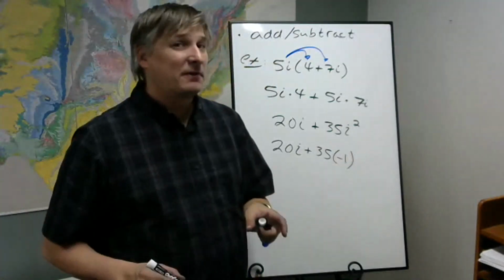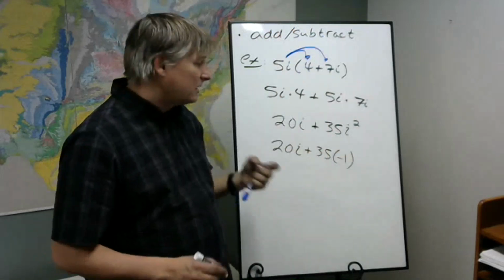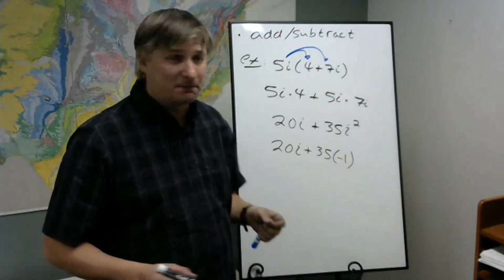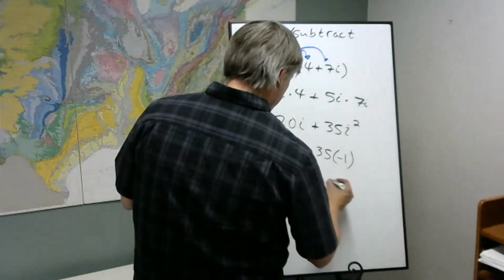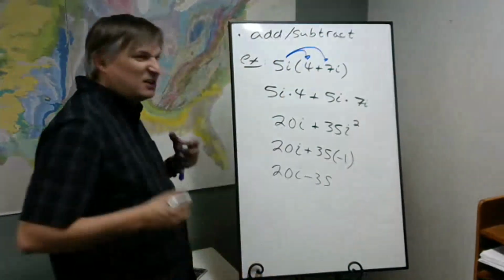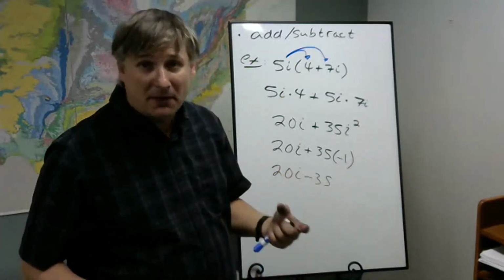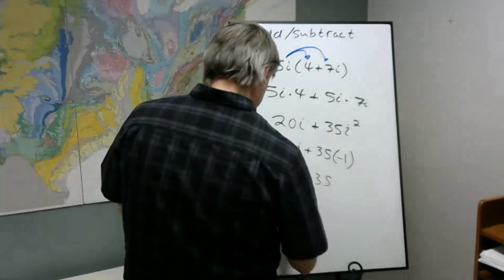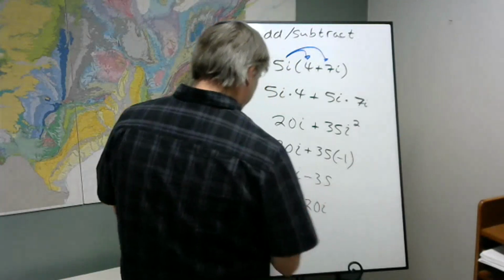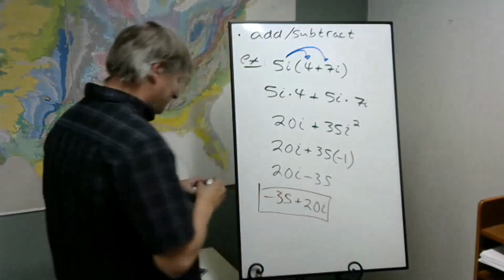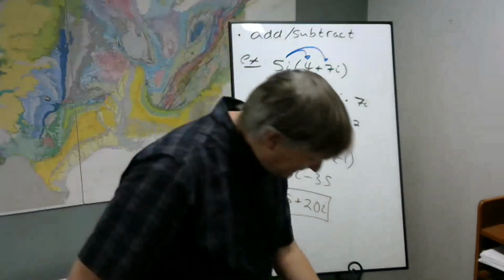Go back to your cycles of i: i to the 1, i to the 2, i to the 3, i to the 4. i to the 2 equals -1. So we get 20i minus 35. And a convention is we put the real part first and the imaginary part second: minus 35 plus 20i. And so that's going to be our answer.